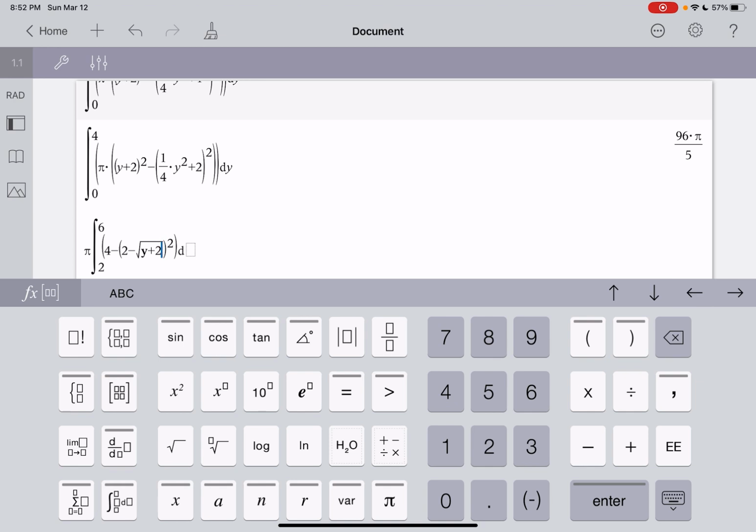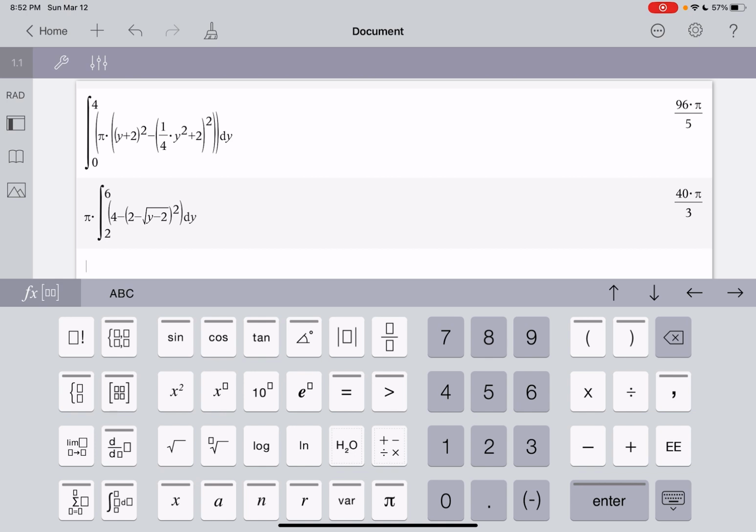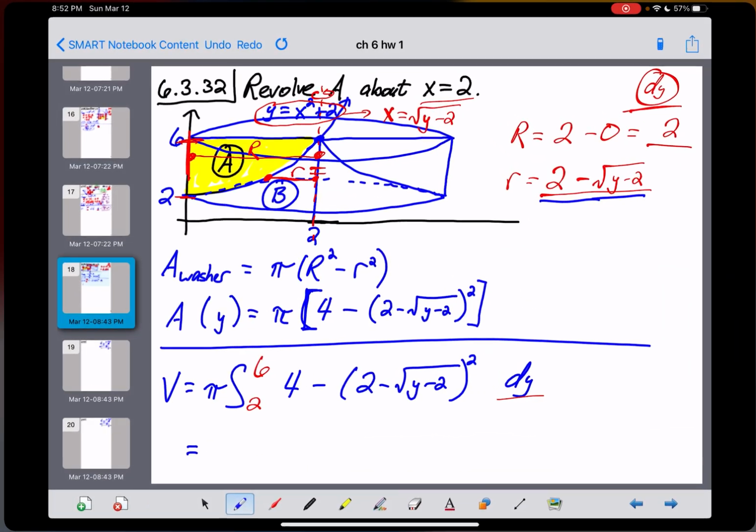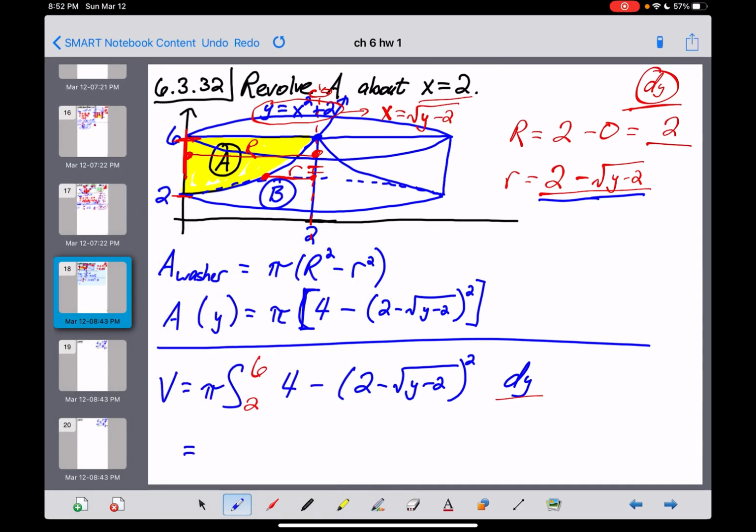All right, that's why you always double check this, guys, and put a minus right there. Okay, I think we've got all that, and we're doing it all with respect to y. So let's see what the calculator tells us. 40 pi over 3, that's the exact same thing the solutions manual says too, guys. So we got it. Not too bad right there. So 40 pi over 3, and we'll throw some cubic units at the end of that. So there's problem 32.